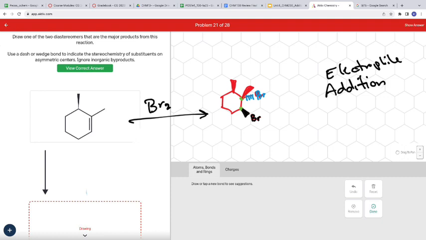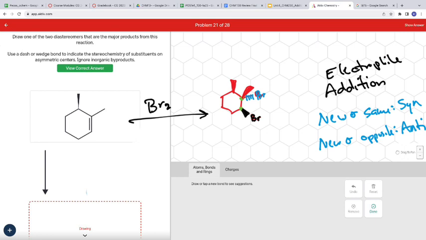If the process of doing that addition results in our new sigma bonds being on the same side, we call that a syn addition. If the new sigma bonds are on opposite sides, we call that anti.